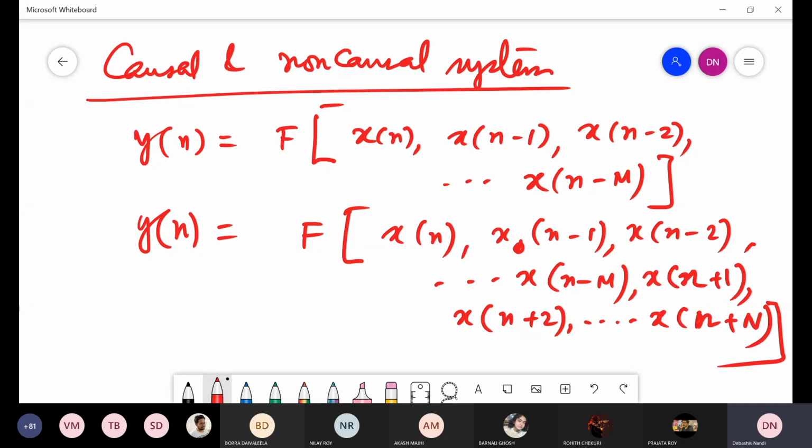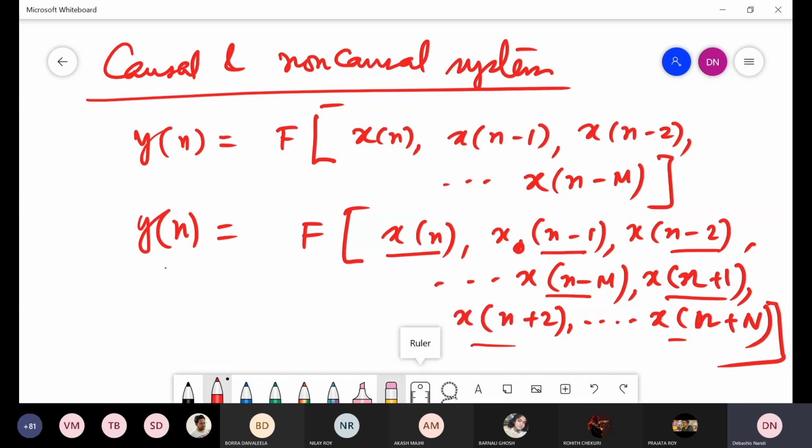So you see the output at a particular instant, the nth instant, depends on the input at that instant, the previous inputs, and the future inputs. This is your non-causal system.